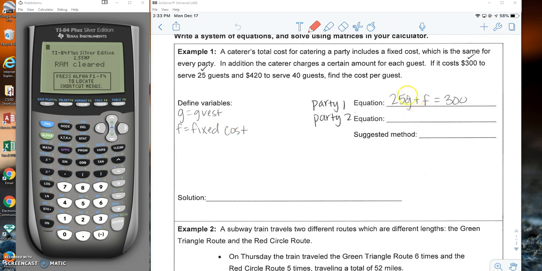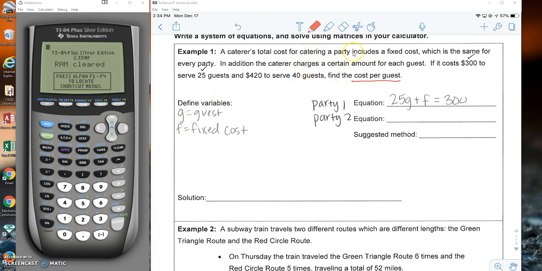So we have 25 guests and a fixed cost for the party of 300. So I've put checks over the numbers that we've used because once you use a number, you can't reuse it except for numbers like 1 and 2. And remember our variables here, when we define our variables, we need to figure out what we're talking about. So one of the most obvious ones is the cost per guest because that's what they want us to find.